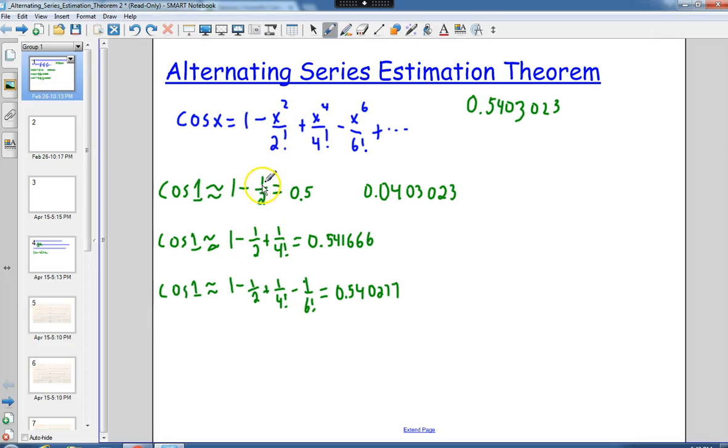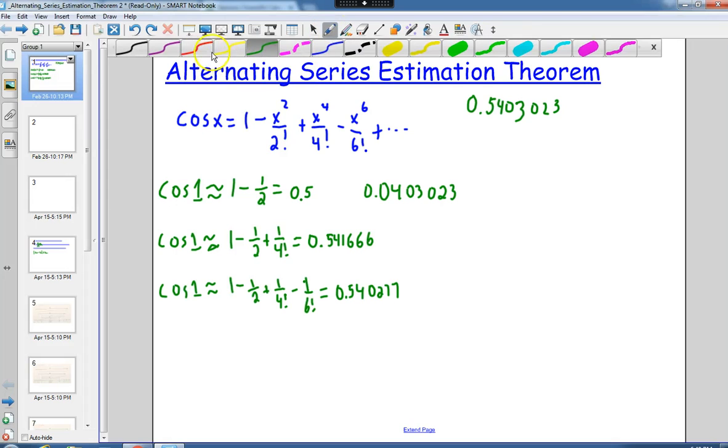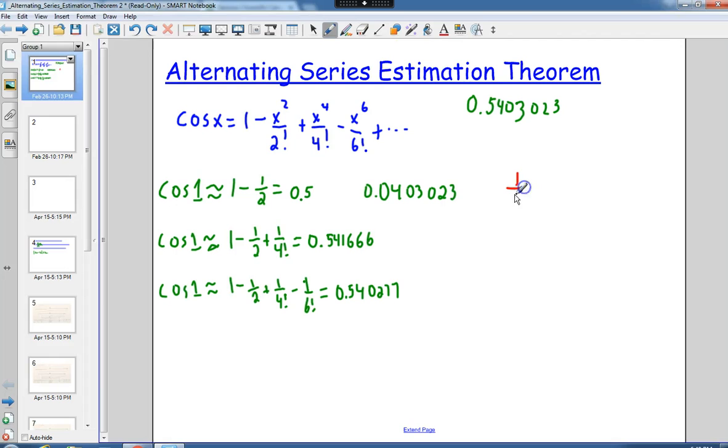If we were to continue to calculate values of our cosine Maclaurin series, the next term of the series would be when we plug 1 into this third term, and we would get a value of 1 over 4 factorial. That's the first term that is not included in this partial sum if we were to continue moving on.